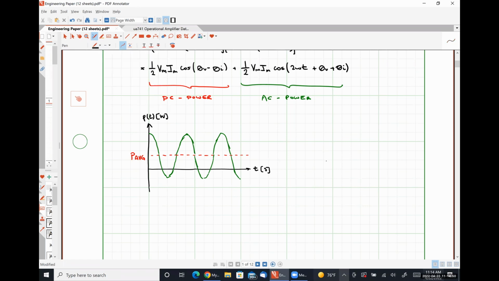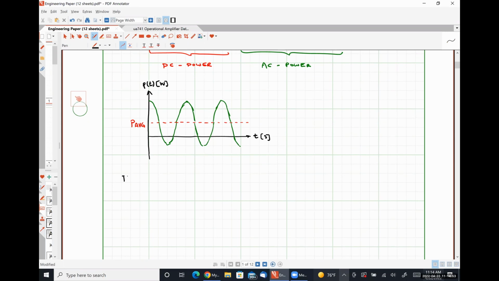So for a resistor, we know that the magnitude of the voltage drop across the resistor, Vm, is going to be Im times the resistor value. And we know that the phase angle of the voltage and the phase angle of the current have to be the same value.